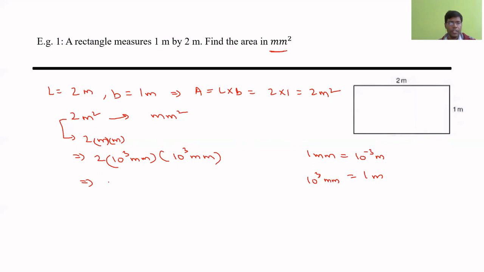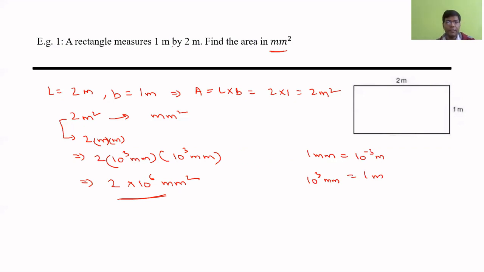This gives us 2 multiplied with 10 power 6 millimeter square. So we found the area, then converted the meters into millimeters, and that's how we got meter square into millimeter square. This is one approach.